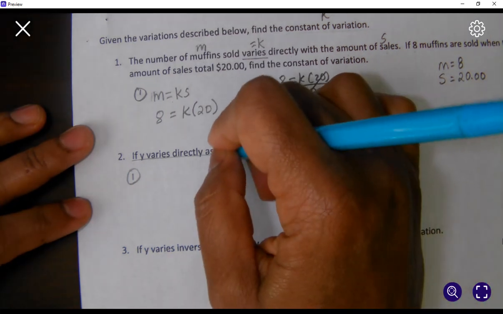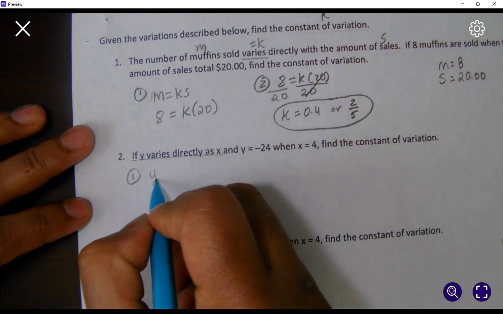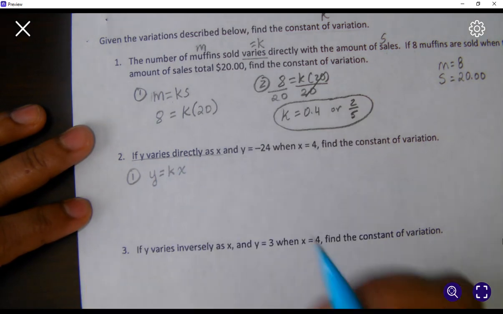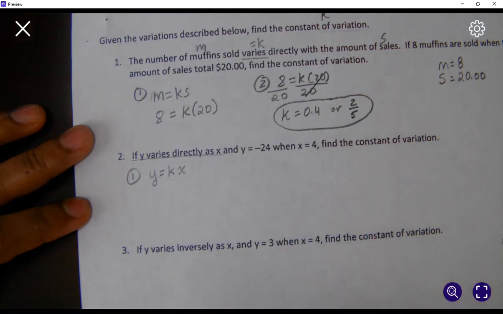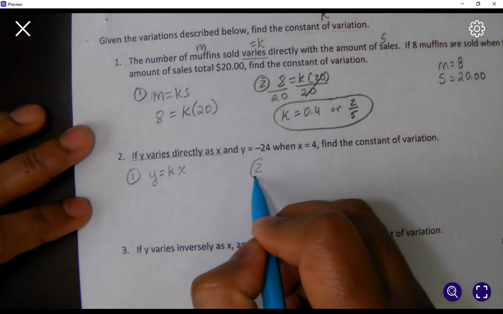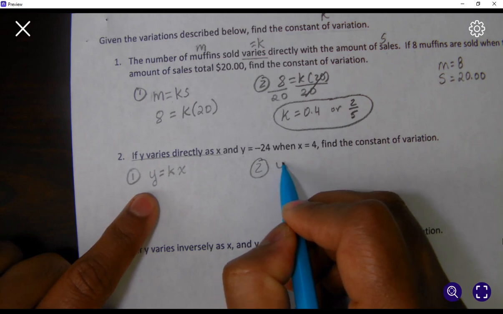You have y varies directly, which means multiplication, times x. Then we need to find the variable. So y equals -24, and I'm going to plug that in right there.